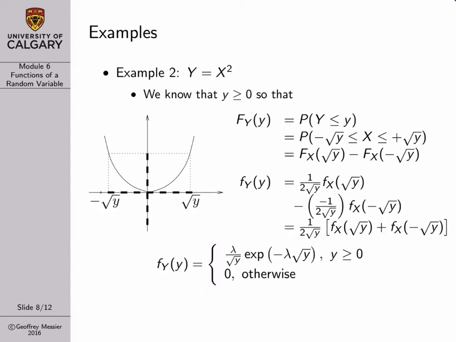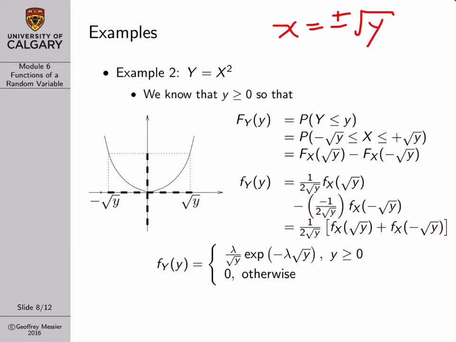Okay, let's consider a nonlinear example now where y is equal to x squared. So the inverse function, little x, is equal to plus or minus the square root of y. So there's actually 2 solutions to this function rather than 1. Now, we start off exactly the same as we always have.